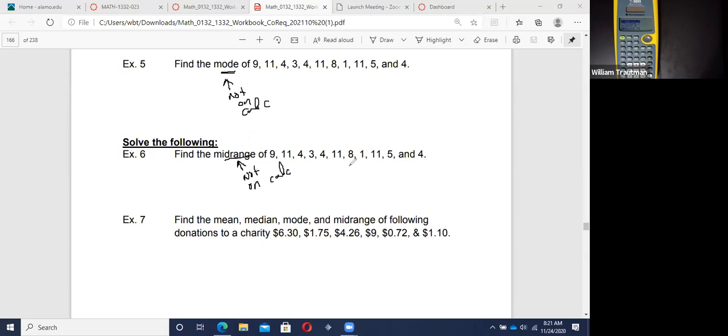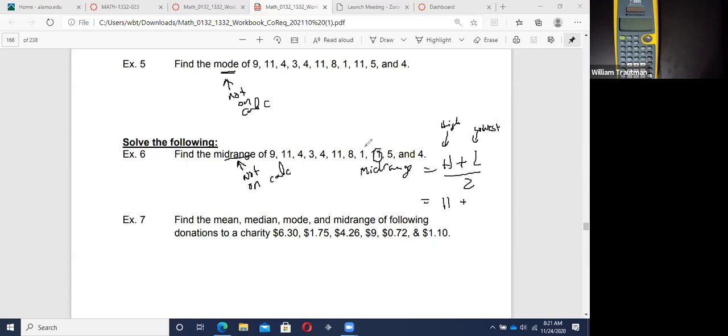So here's the formula for mid-range. It's the highest piece of data plus the lowest piece of data, divided by 2. The highest piece of data is 11, I believe.